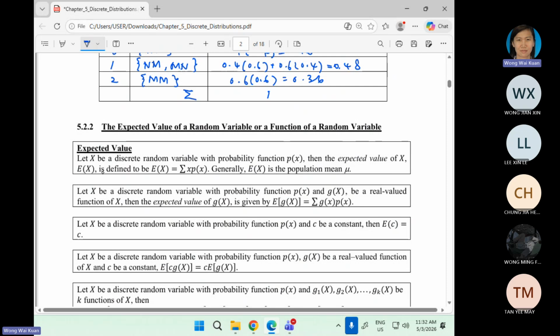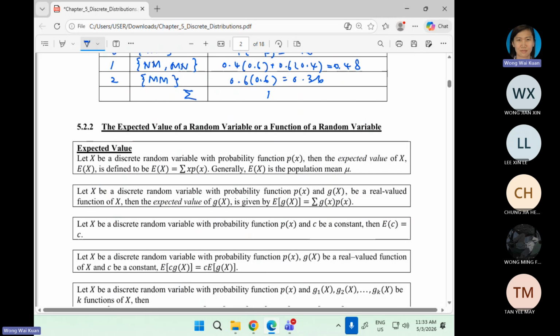Okay? So if X is a discrete random variable with probability function Px, then the expected value EX is the sum of X multiplied with Px. Generally, EX is the population mean mu. So you need to remember the expected value, or we will have it as the mean mu.